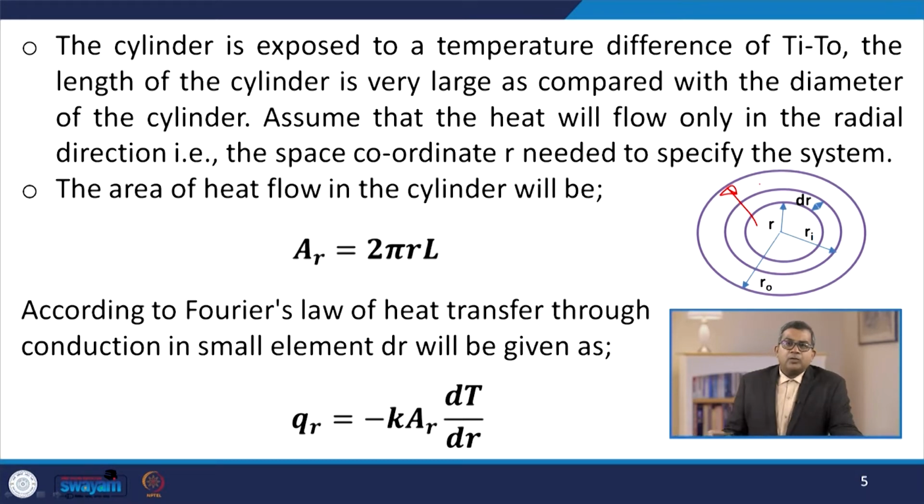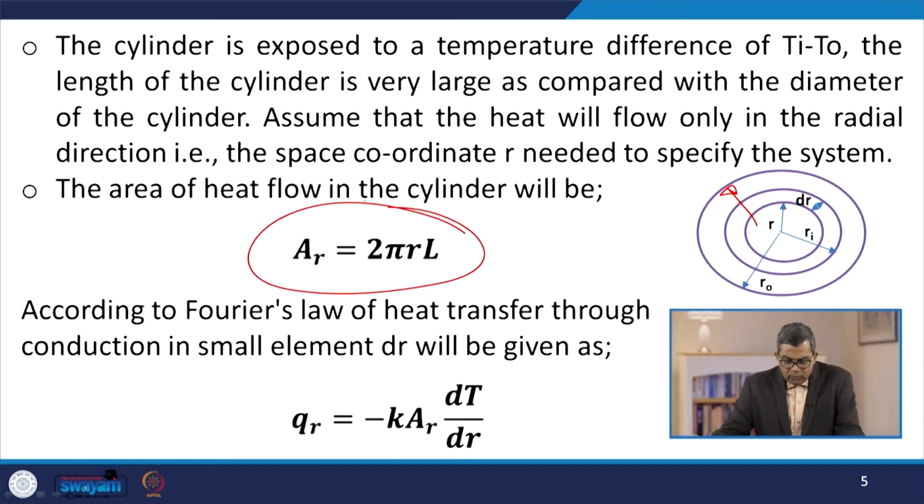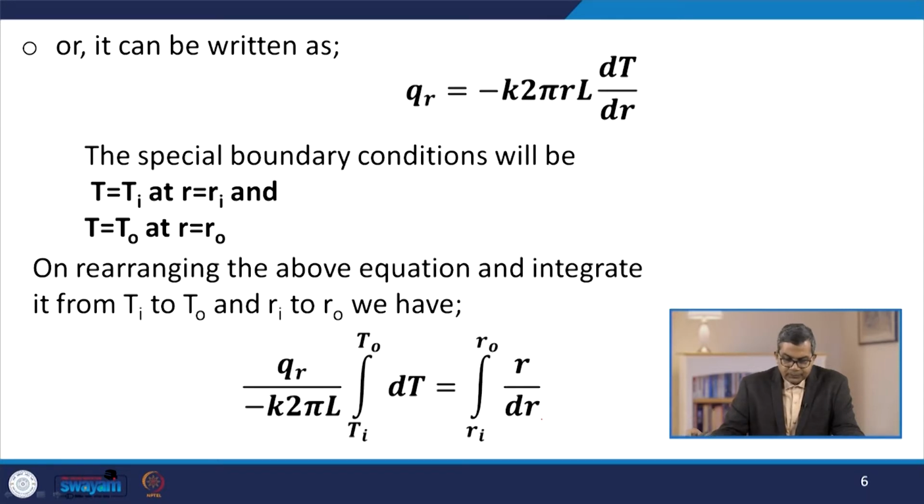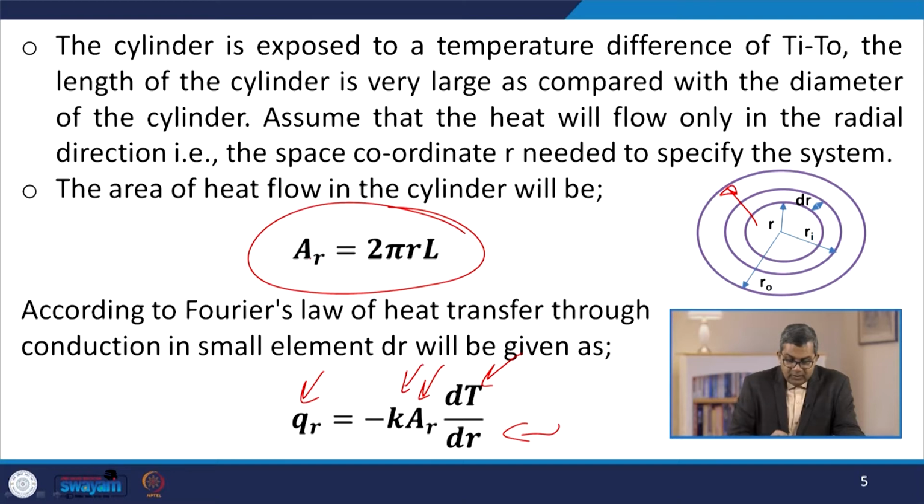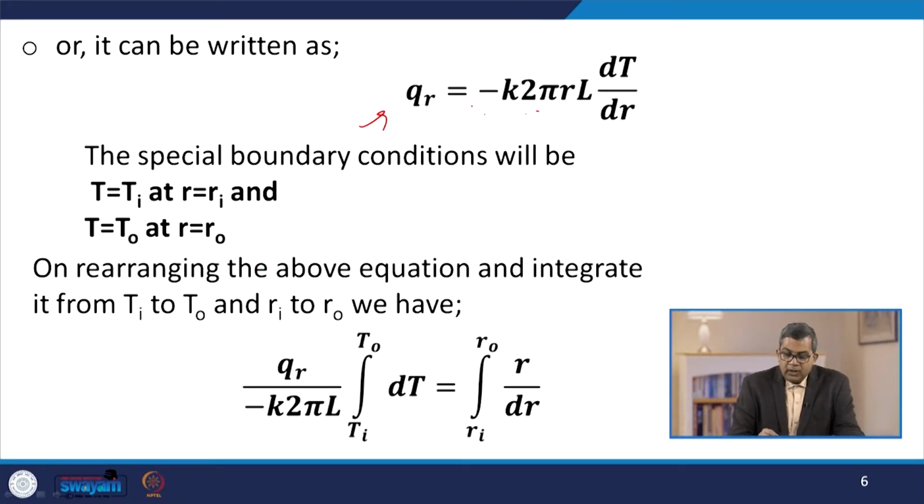So the area of heat flow in the cylinder will be A_R equal to 2 pi R L. Now according to Fourier's law of heat transfer through conduction in a small element dr, Q_R is equal to minus K A_R dT over dr, or it can be written as Q_R is equal to minus K 2 pi R L dT over dr.